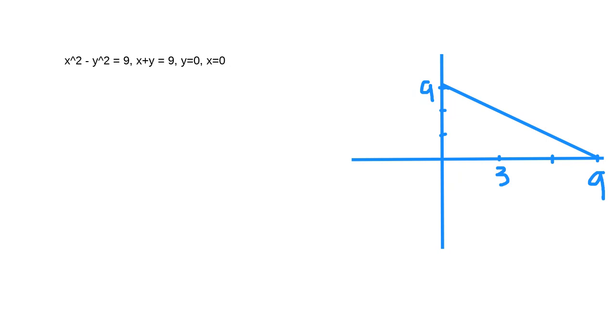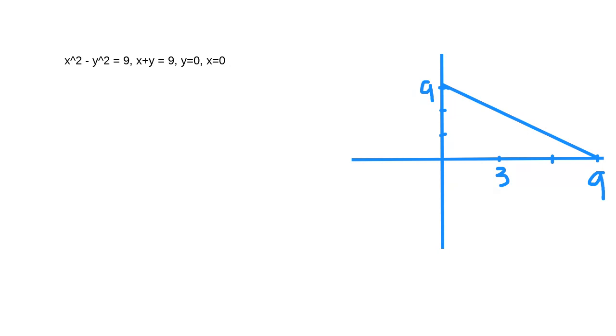Then let's draw x squared minus y squared equals 9. So we're in the first quadrant. So we only consider the first quadrant. So we won't go to the other side of negative x value. So we have x equals to 3. Right? So we have this point.